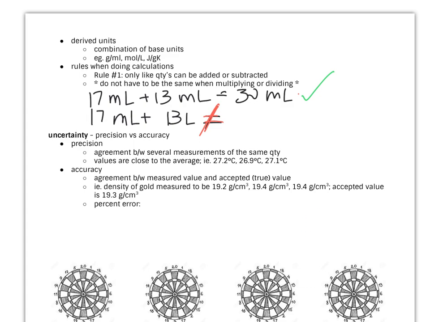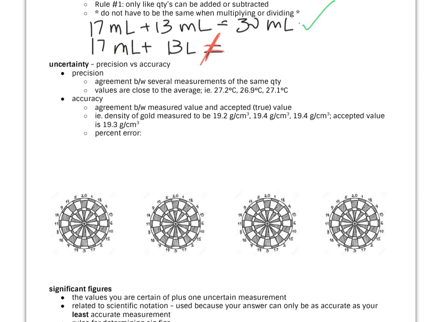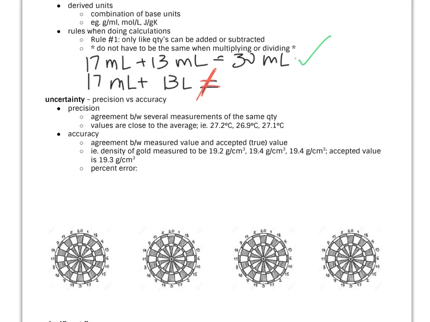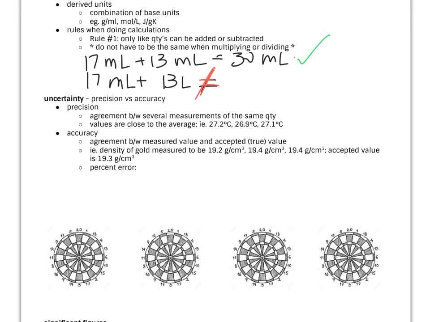Okay, so going down there, let's talk about uncertainty. So uncertainty is basically we have to talk about it because in science we can't be 100% certain of anything.